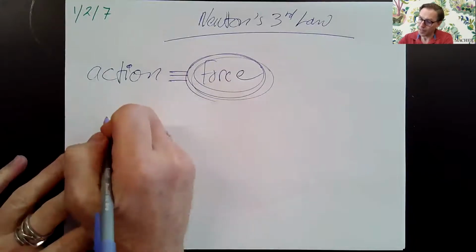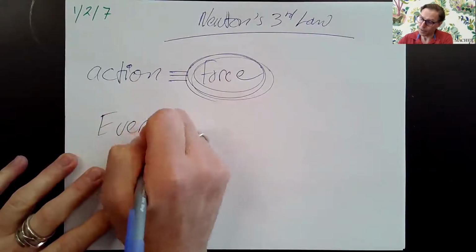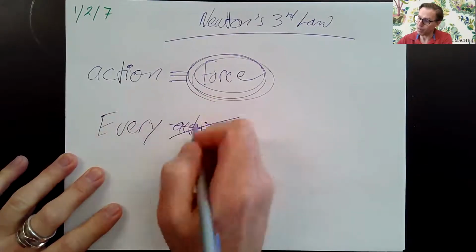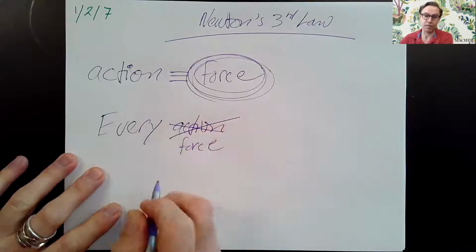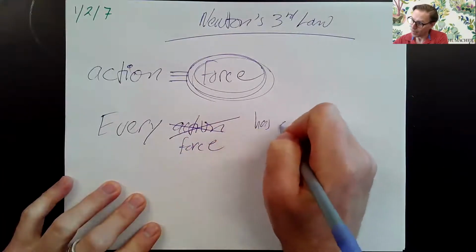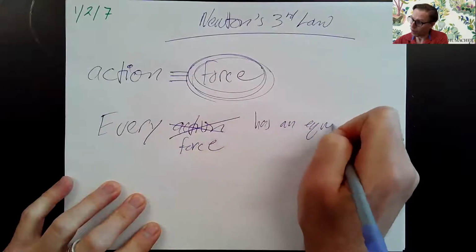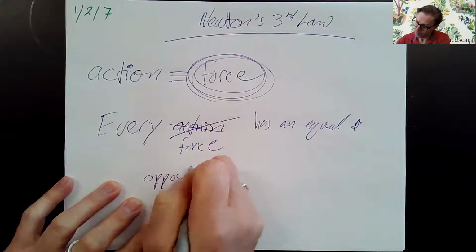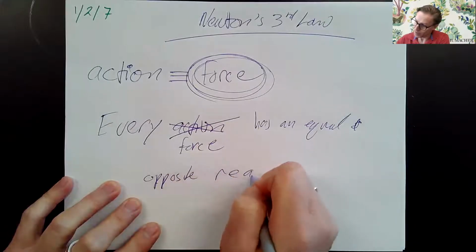So we'll write it down. You can write it down too. Every action, and then we're going to cross out action and write force, because that's what Newton meant when he said force. Every force has an equal and opposite reaction.